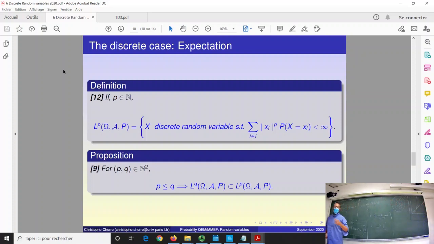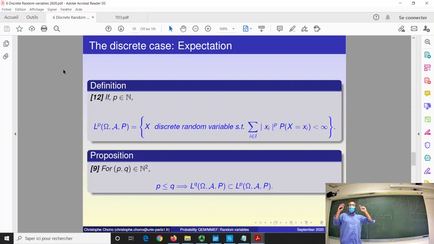So I repeat, L0 is a set of random variables that fulfill a priori the condition that is written on the slide, for p equal to 0. For p equal to 0, this term disappears because it is equal to 1. So the sum of the p is equal to 1, implying that the sum is always finite for p equal to 0. So L0 is just the set of all of them, all the discrete random variables.